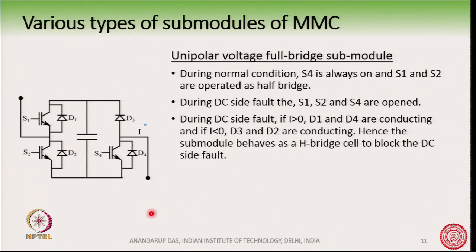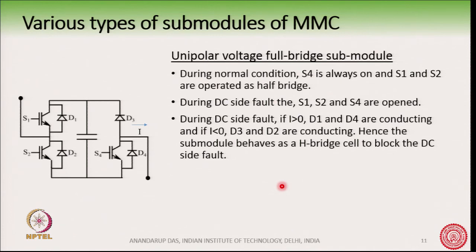Now, when there is a DC side fault, then these switches are opened. So, these are turned off, and if I is greater than 0, this diode will conduct and this capacitor will conduct and D4, this is how it will form. So again the capacitors have come.